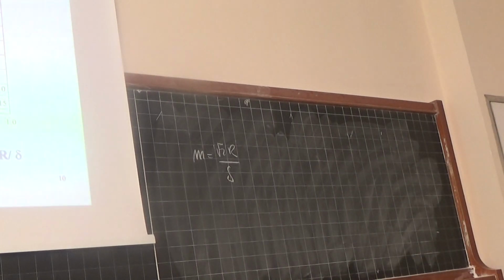But we realize immediately that both for lower values of M and higher values of M, in any case we have a non-uniform power density distribution.